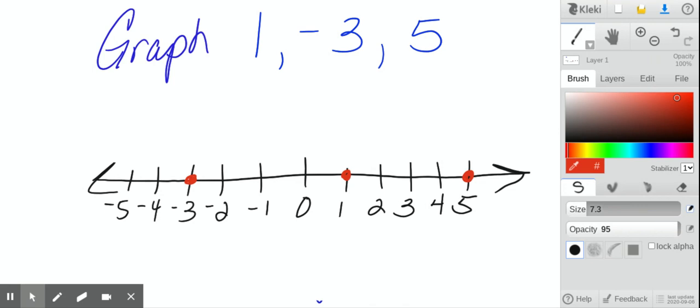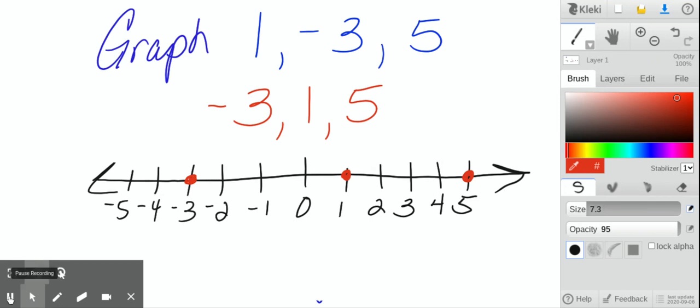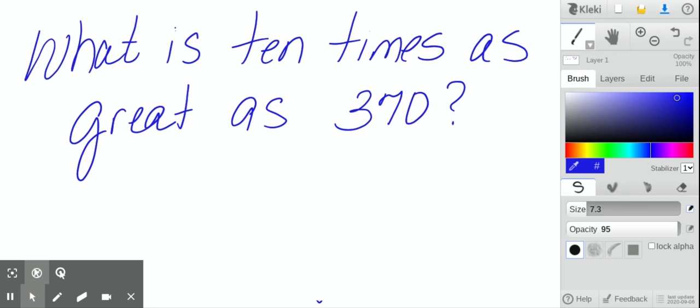So I know that -3 is going to be the smallest out of these three numbers. The next smallest would be 1, and the largest is going to be 5. So here I had to graph them on the number line, and I had to put them in order from least to greatest.